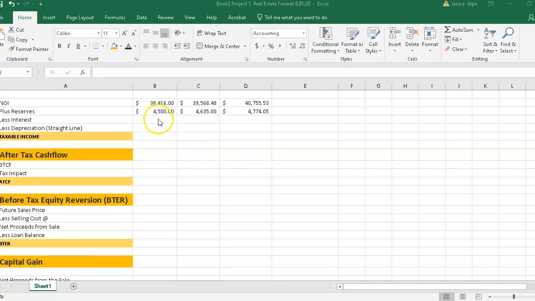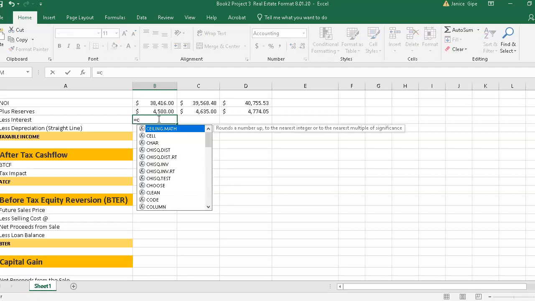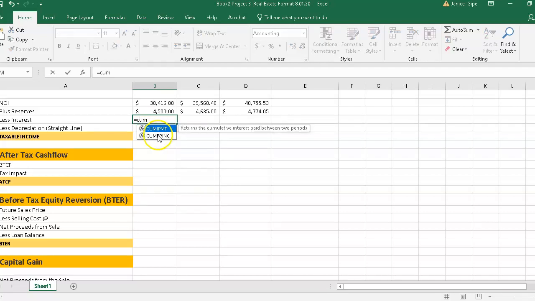So to get the interest, you have to do a cumulative interest payment. So you use that function.